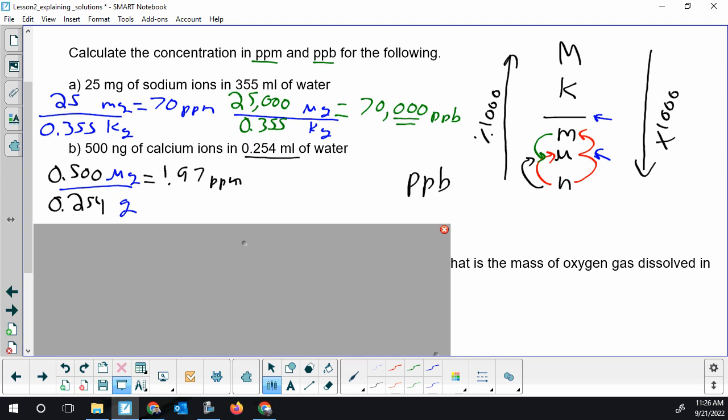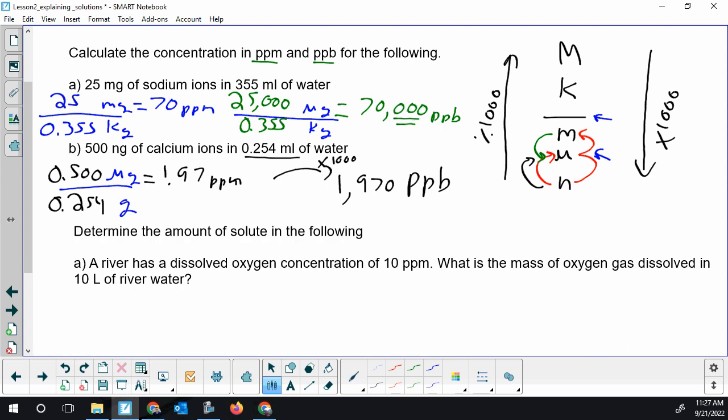Now, parts per billion, I'll do it the short way, the fastest, most efficient way on a test. It's always multiply by 1,000 to go from million to billion. So that's 1,970 parts per billion. We're not doing parts per trillion, but it would be 1,970,000 parts per trillion.